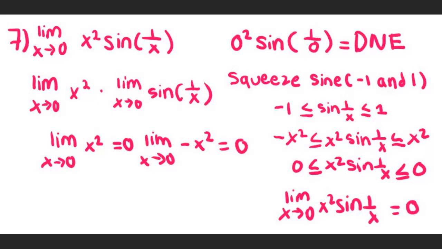Since the limit approaching 0 from the greater and lesser functions are both 0, then the limit as x approaches 0 of x squared sine 1/x equals 0, because it's between 0 and 0.